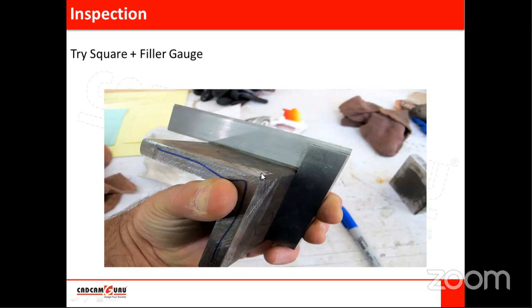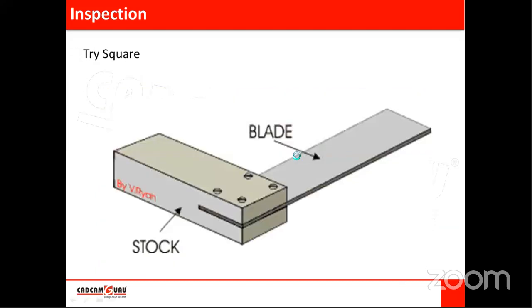For carpentry components, we can check it with naked eyes, but for mechanical components, we have to take help of feeler gauges. Okay. So in a try square also, you will find two different sections, means two different parts. So here at this stage, there will be a perfect right angle.